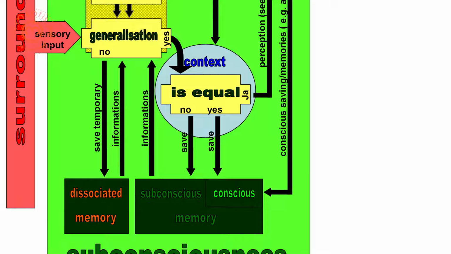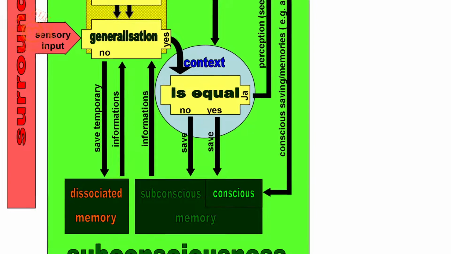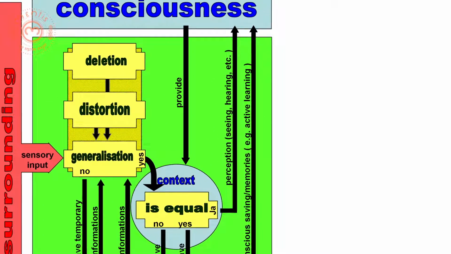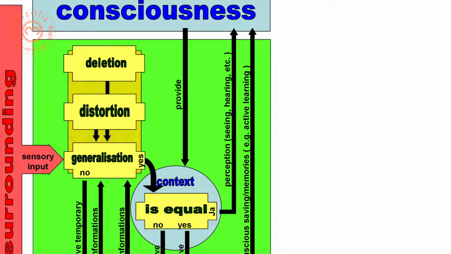However, if it fits the context of the consciousness, then it is also stored in the conscious memory. In addition, of course, it is also directed upwards to the consciousness. As you may already know, consciousness can also construct situations that are then shared with conscious memory or stored.